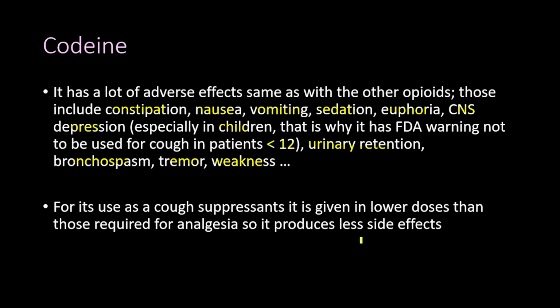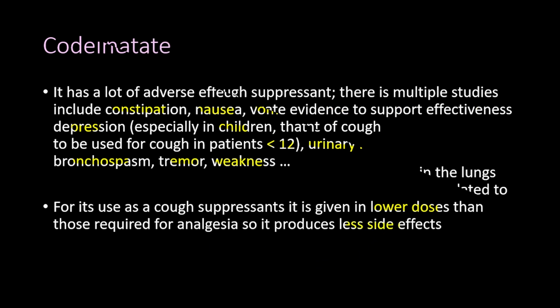Now, for its use as a cough suppressant, the codeine is given in lower doses than those required for analgesia, so it produces less side effects when used as a cough suppressant.